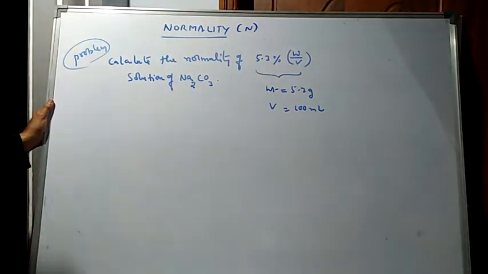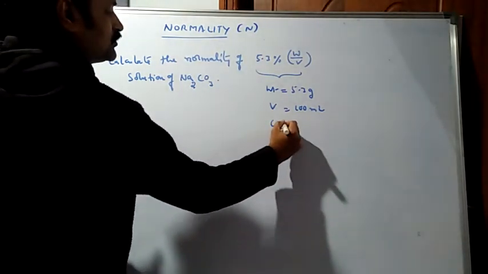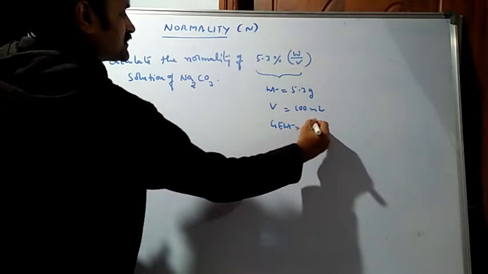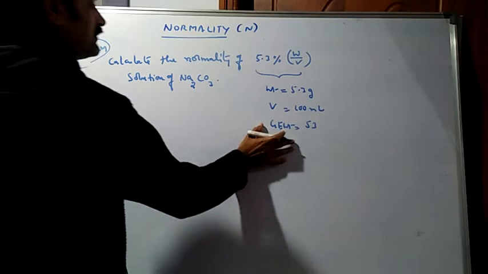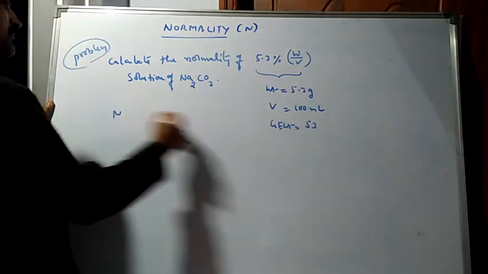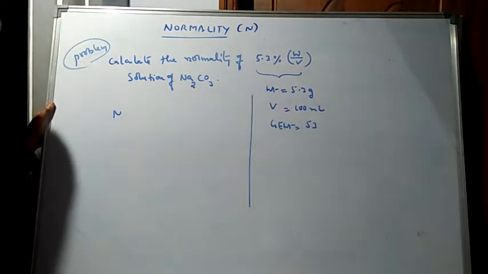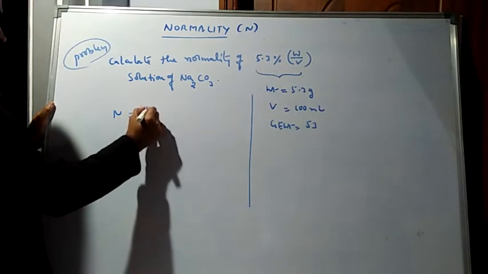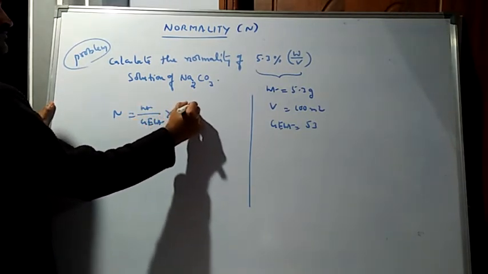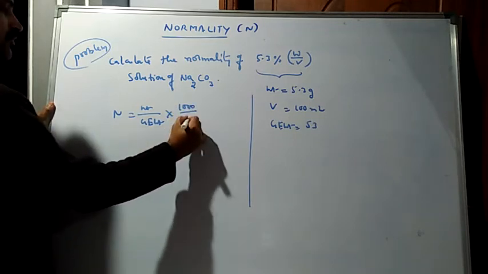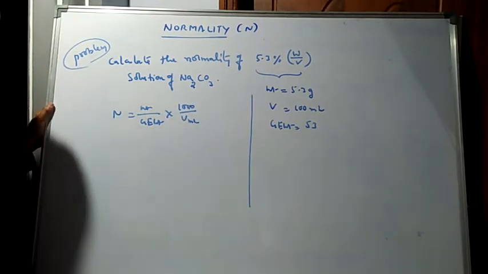Moreover, we know GEW for sodium carbonate is 53 and volume already we have. So what is the normality formula? Normality is equal to weight by GEW into 1000 by volume in ml.